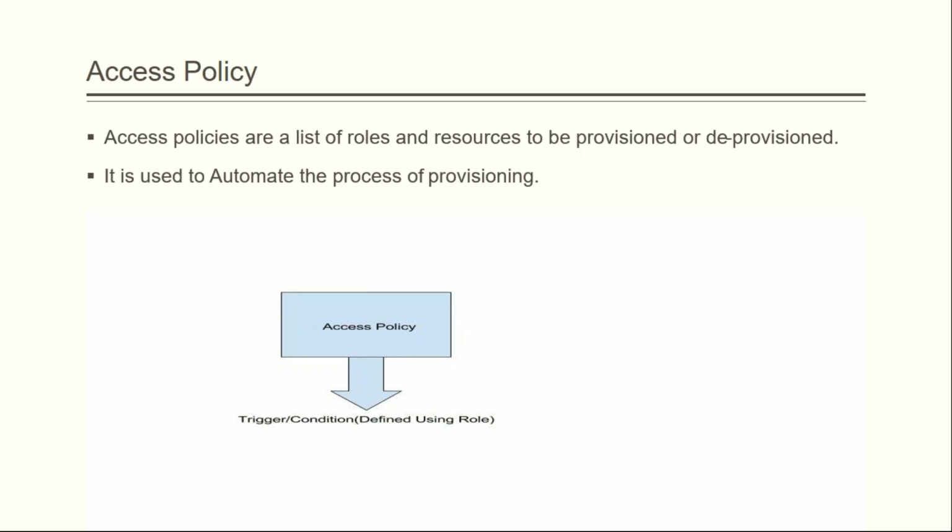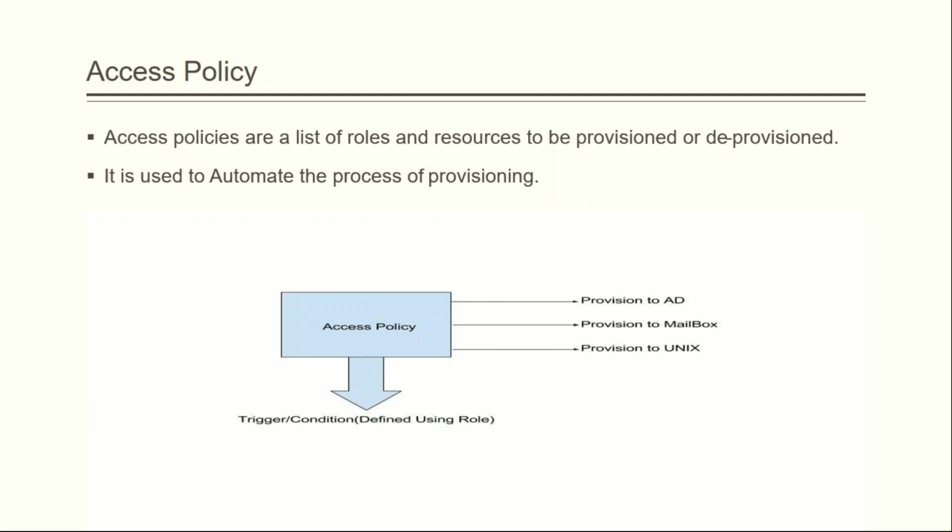Now the user has the role minimal privileges role inside OIM. Now I have created an access policy. Inside the access policy, I have defined a condition: if the user has the role minimal privileges role, then OIM should automatically assign the user to all these target systems.